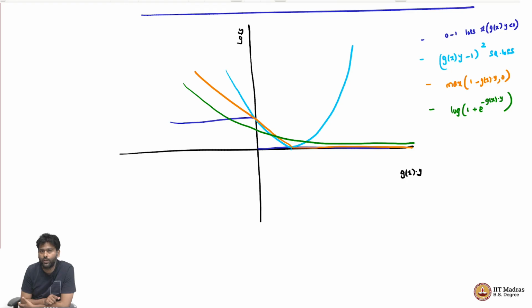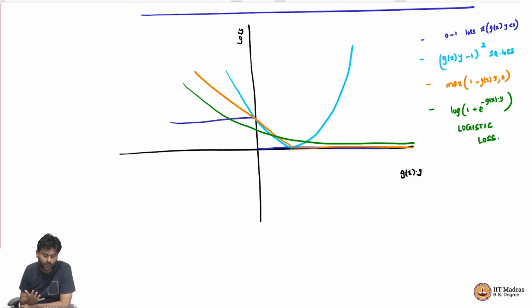Now, this is a convex function, so it can be minimized efficiently. Like how SVM deals with the NP hardness using hinge loss, logistic regression deals with it using this green loss, which is called the logistic loss. This is how logistic regression can be interpreted as dealing with the NP hardness of the 0 1 problem.